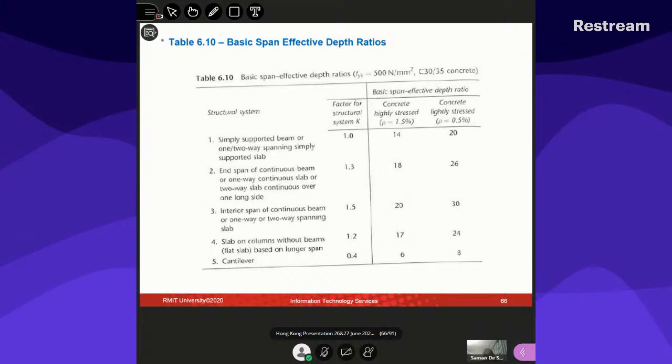You can have many options in framing a floor. Which direction is the primary beam? Where is the secondary beam? Which direction is the slab spanning? All these questions will come to you.